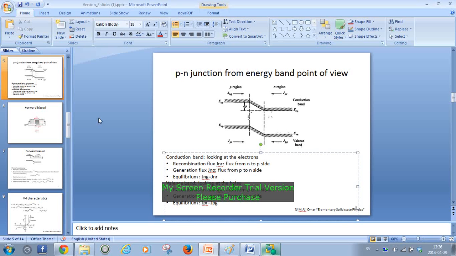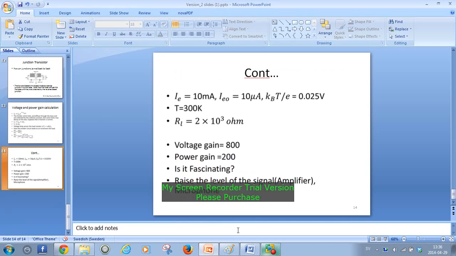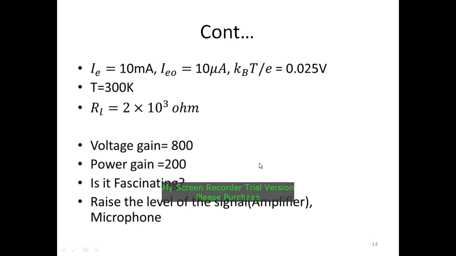Let's consider IE of 10 milliampere and kT over e.